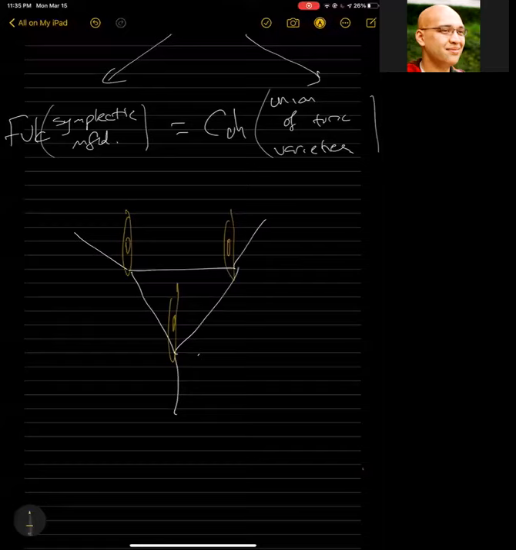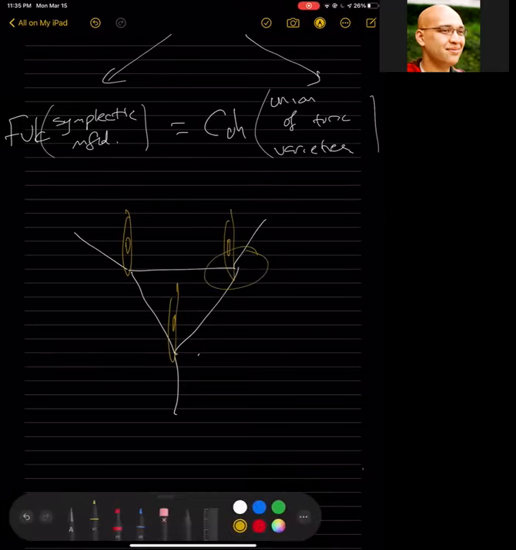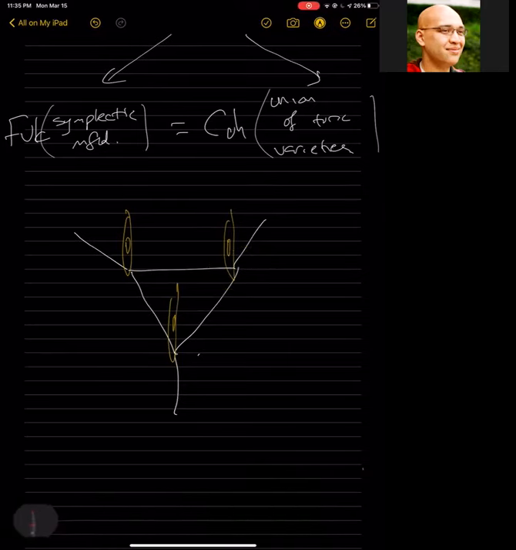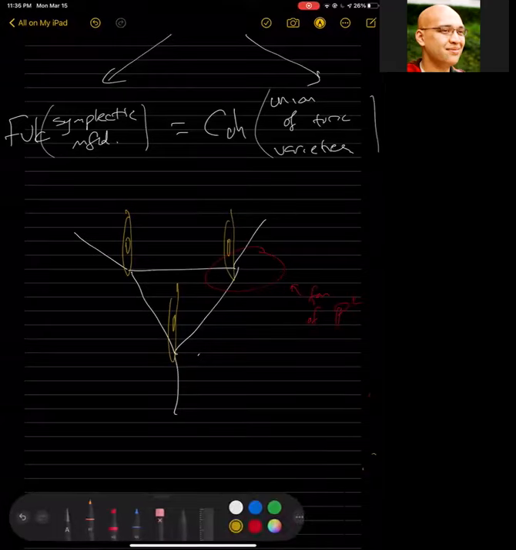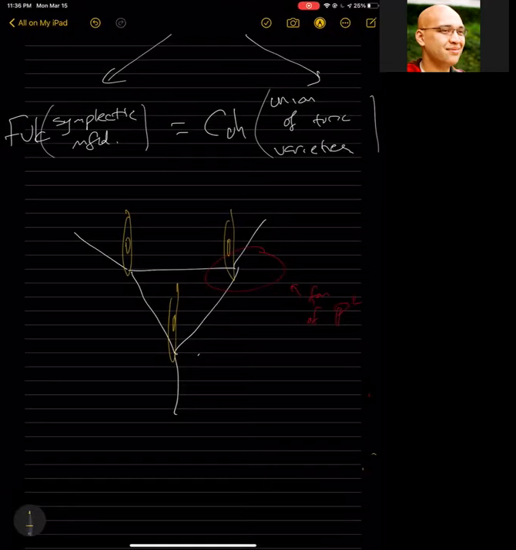I see something at this vertex here, namely I see the fan of P2, and so I make the mirror skeleton to P2.